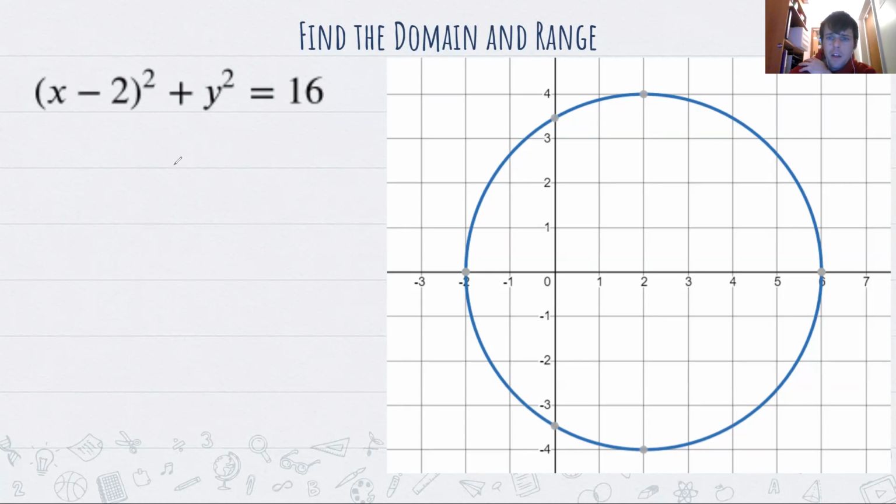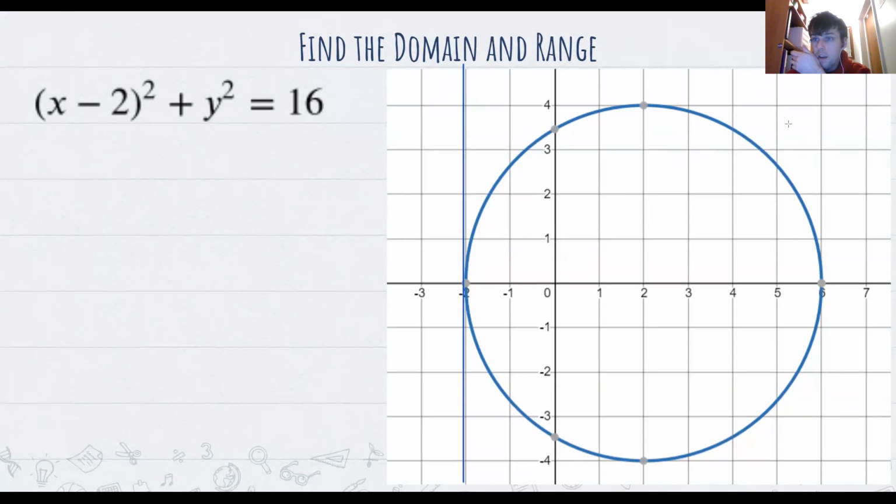So the domain is the farthest left to the farthest right. So farthest left this graph goes is here at -2, right? You can see that. And then the farthest right this graph goes is over here at 6. So between -2 and 6, and that's our domain.